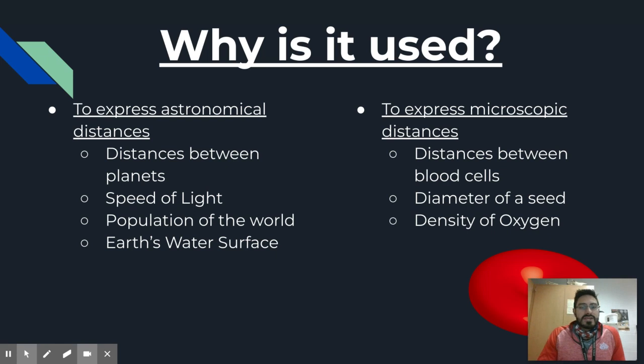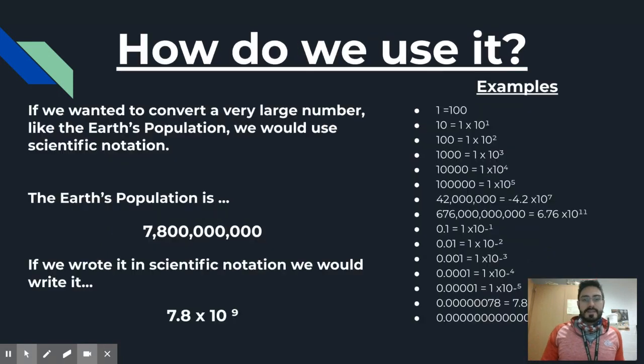For instance, astronomical distances, like the distance between the planets, the distance between the Earth and the sun, the speed of light, population of the world, the Earth's water surface, all of those are huge numbers. So we're going to express those in scientific notation most of the time. And then also microscopic distances, like the distance between two cells, the diameter of a mustard seed, density of oxygen, things like that.